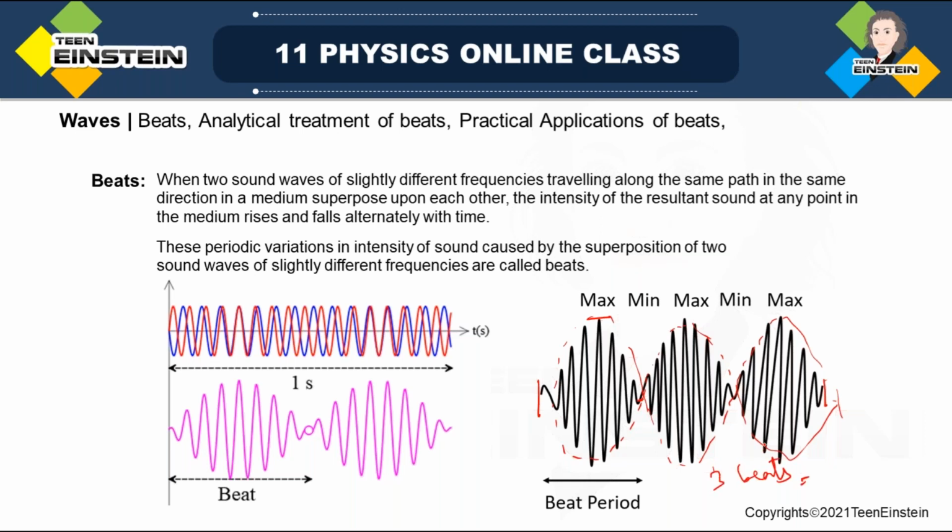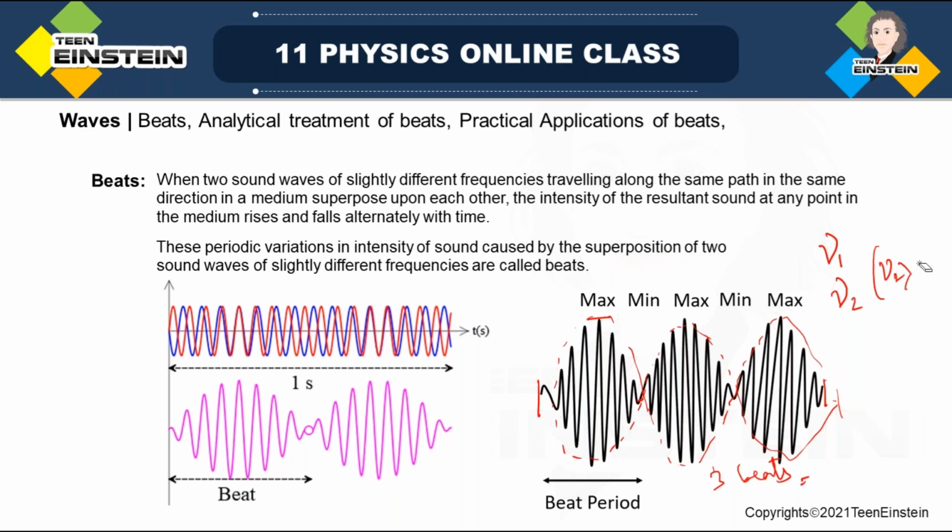So how do you find the number of beats? Suppose there are two sound waves having frequencies nu1 and nu2, where nu2 is slightly greater than nu1, not much.